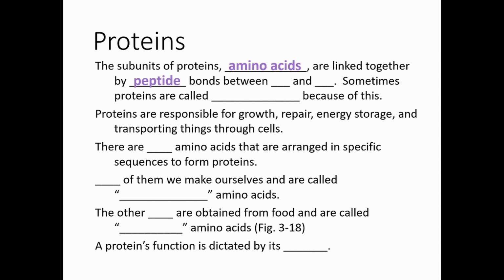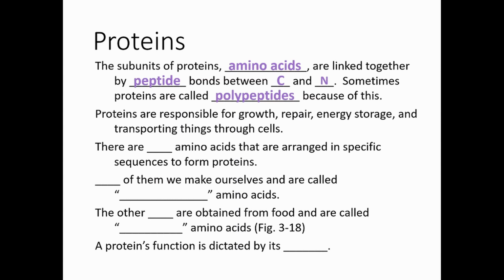We link them by peptide bonds between carbon and nitrogen. Sometimes proteins are called polypeptides because of this. So anytime you see the word peptide, you should think something to do with a protein. It's either a piece of a protein, the bonds found in a protein, or if it's polypeptide, the protein itself.